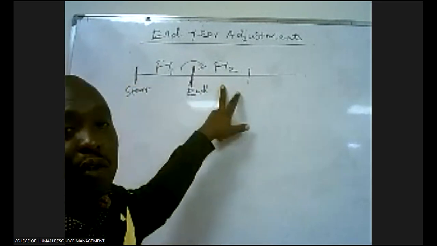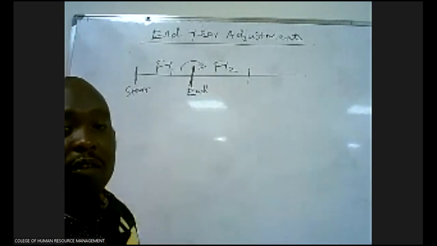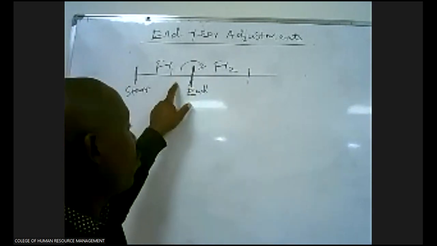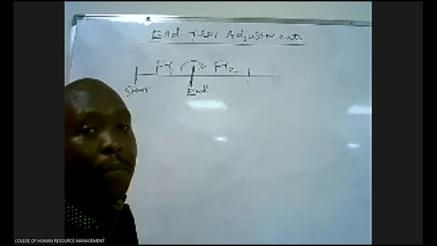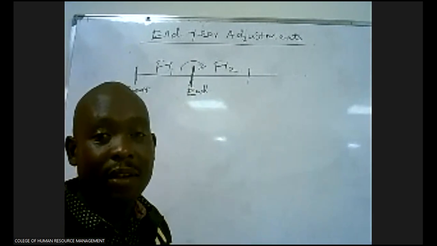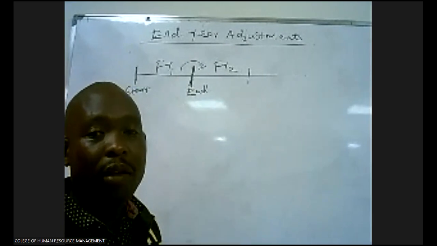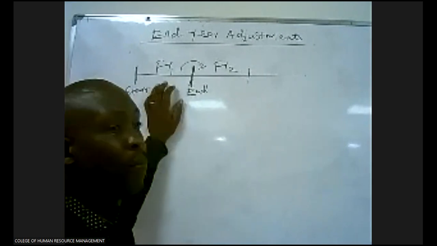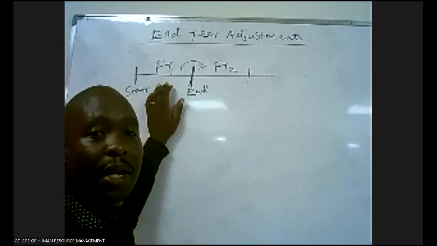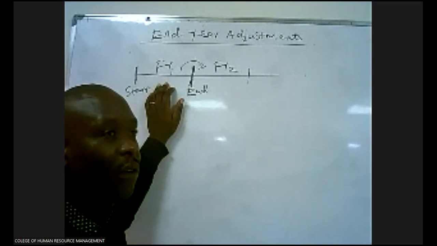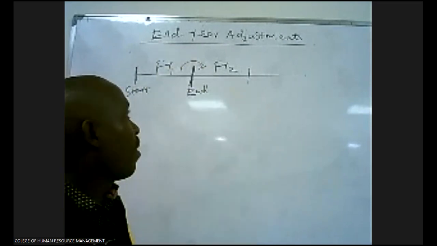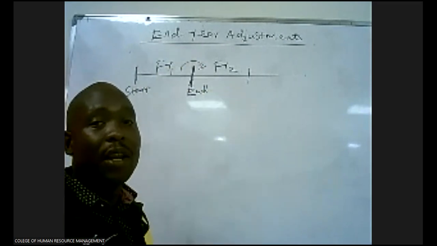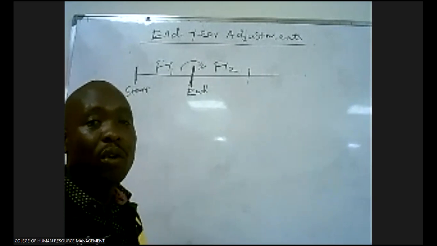The income is going to be received here. Another case is whereby an expense was incurred in year 1, and the money was paid in excess. We paid, for example, insurance, and we paid excess. In year 1, maybe we were supposed to pay 10,000, but at the end of year 1, we have paid 12,000. The 2,000 that we have overpaid will be utilized in financial year 2. That is what we call the prepayment.